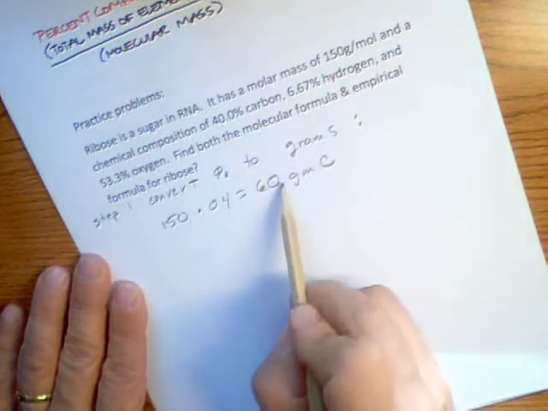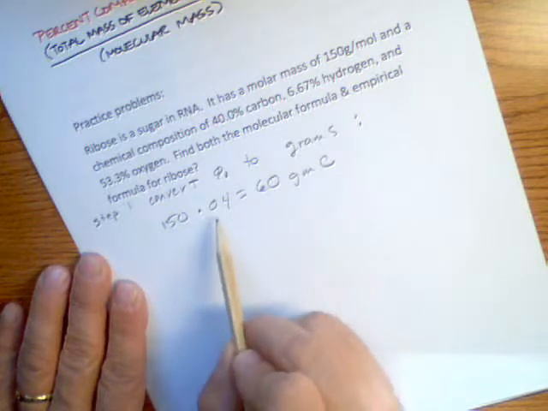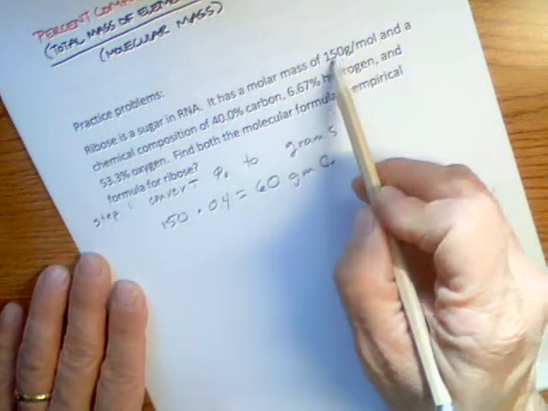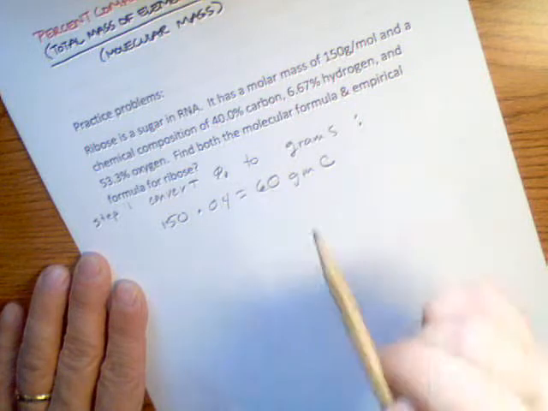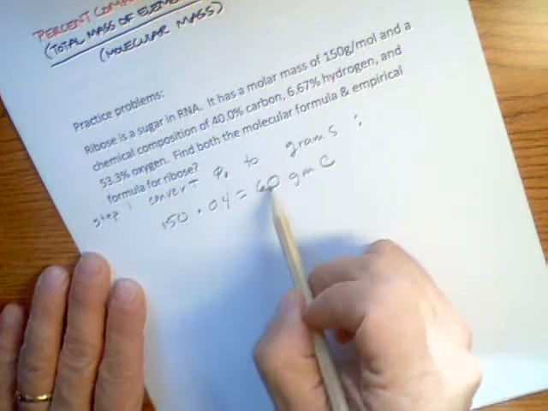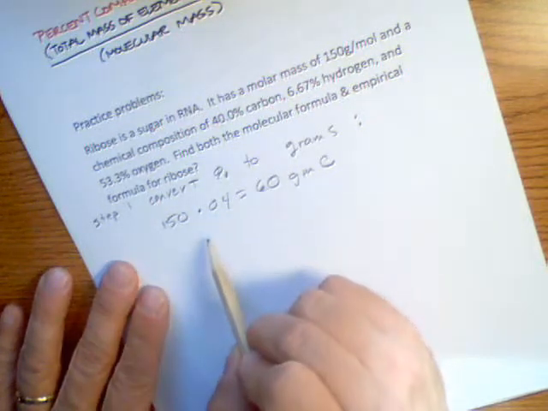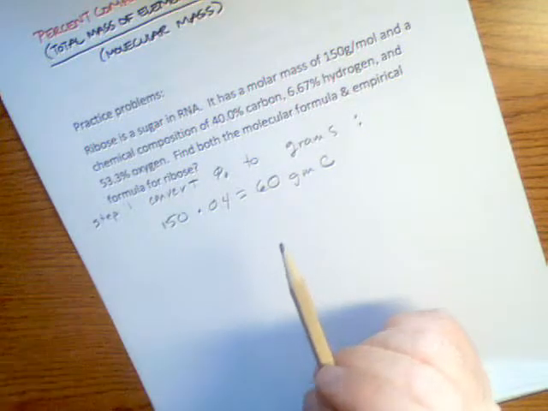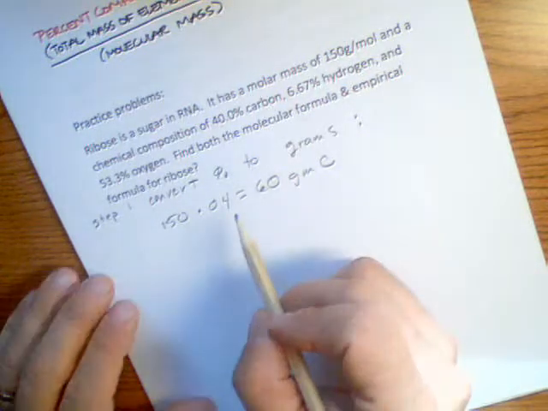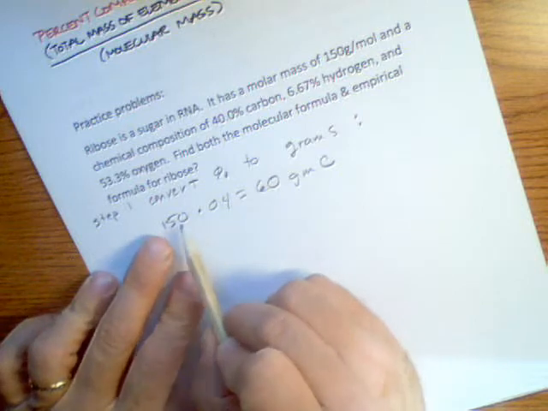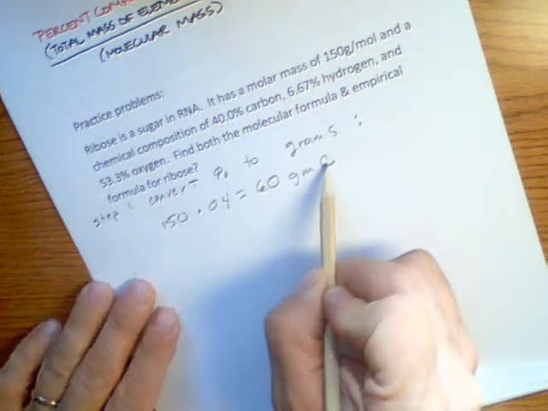If 40% of 150 is carbon, then there's 60 grams of it.